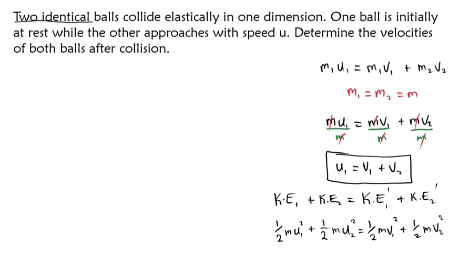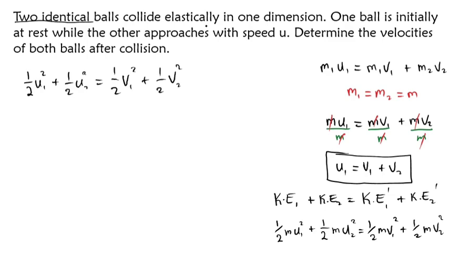So if I divide throughout by m, mass cancels out. So I'll remain with half u1 squared plus half u2 squared is equal to half v1 squared plus half v2 squared.